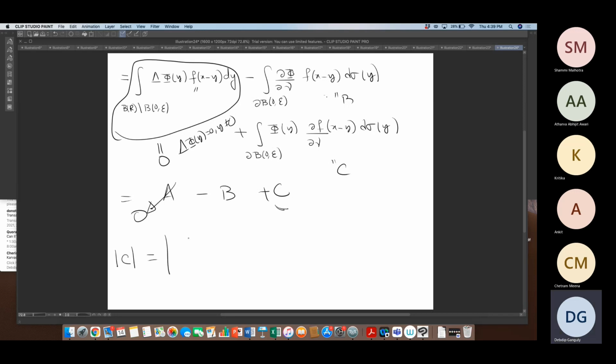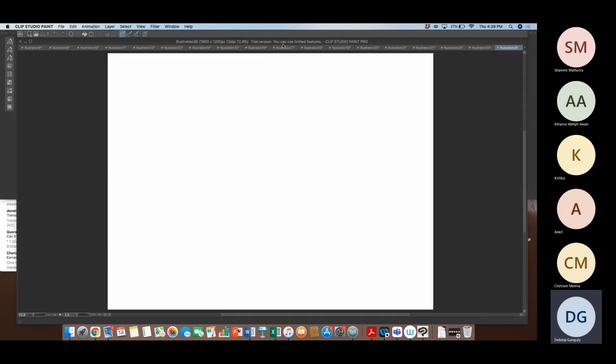The modulus of c is nothing but the integral of phi y del f by del nu x minus y d sigma y. You are almost done. Taking the modulus inside, it is less than the integral over del B_0 epsilon.